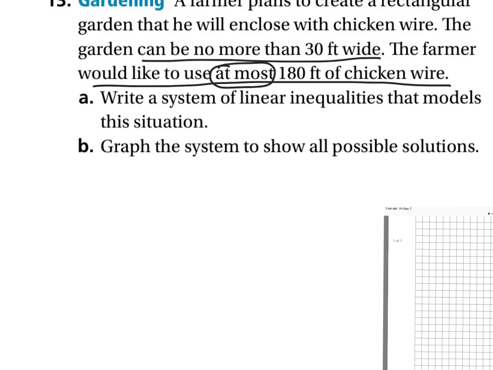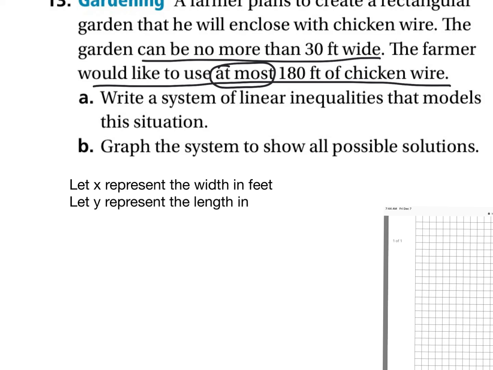Okay, so just depending what you use for your variables, I would probably just say we're going to let x represent the width in feet, and let y represent the length.